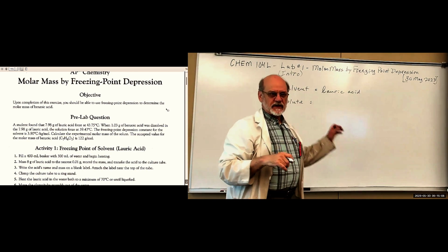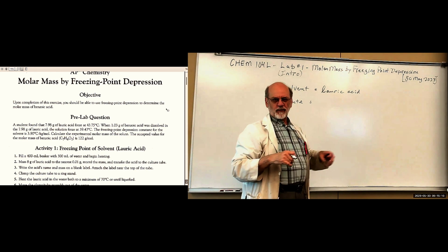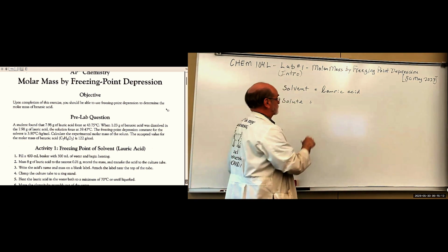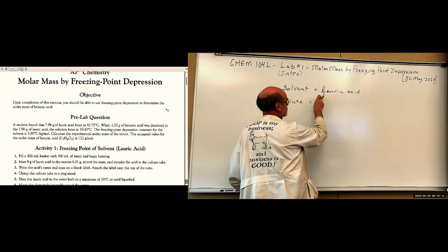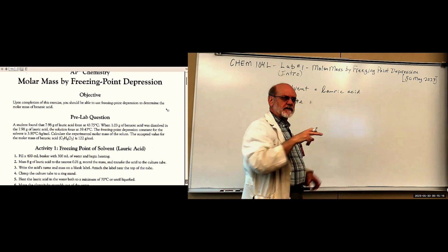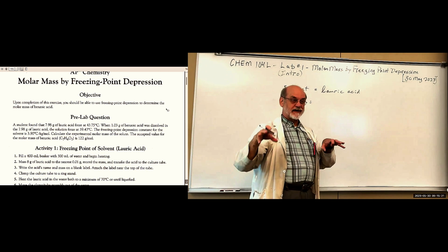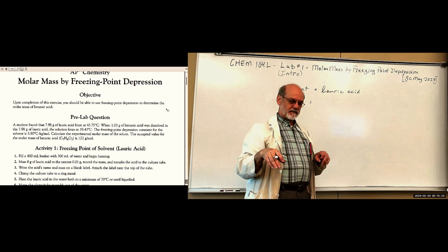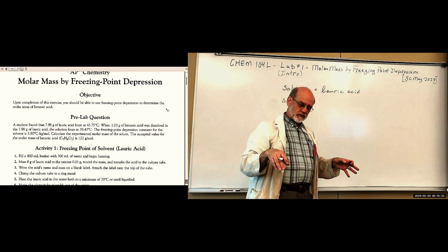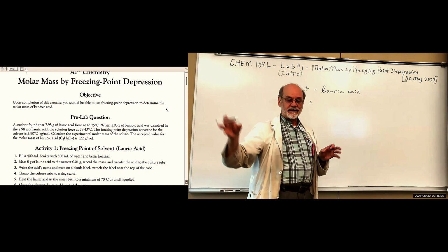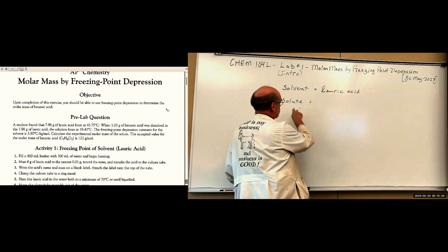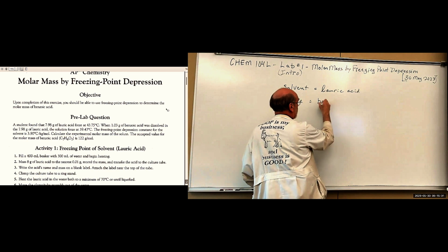We've all got some of this stuff in our bodies. It's incorporated in true fats, of course, but nevertheless, we use it because its normal melting point is in a reasonable range. It's not below room temperature and it's not too high. And then the solute is going to be benzoic acid.